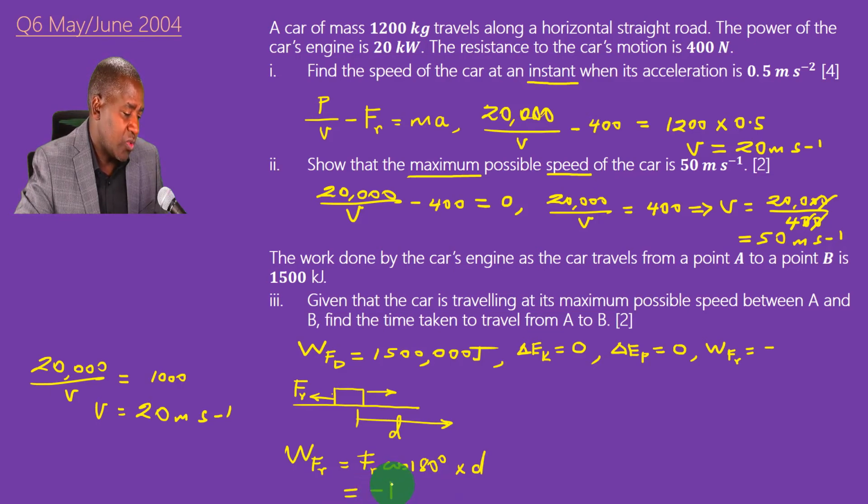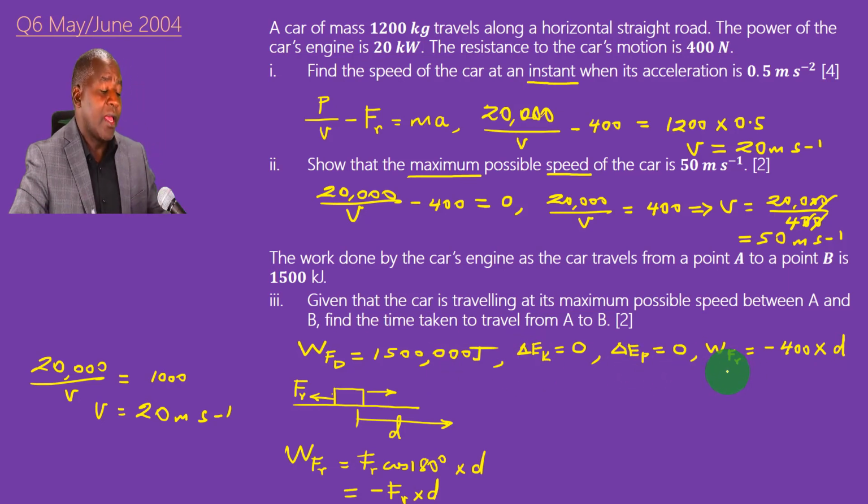So that is what makes the work done by the resistance force carry a negative sign. So I immediately put that negative sign here. I know how much it is. It's 400 times D.